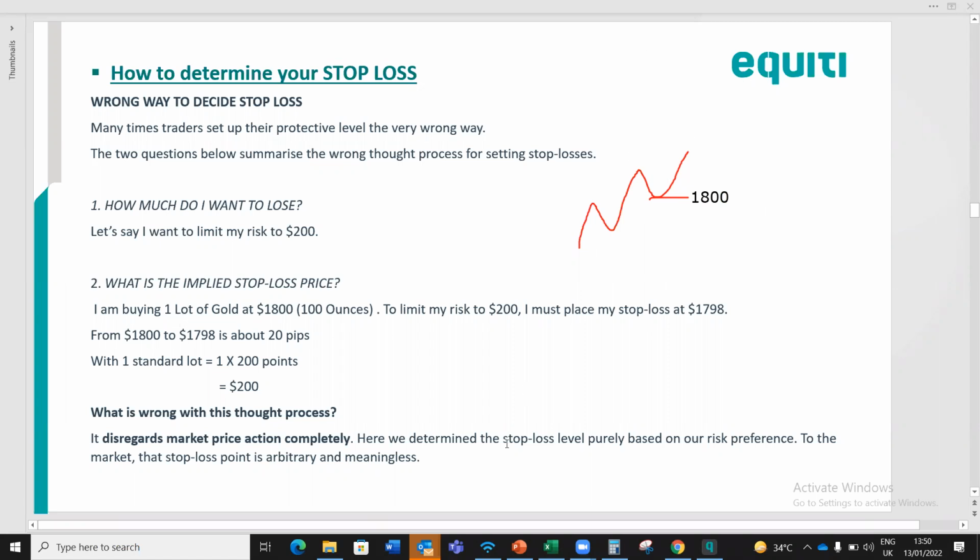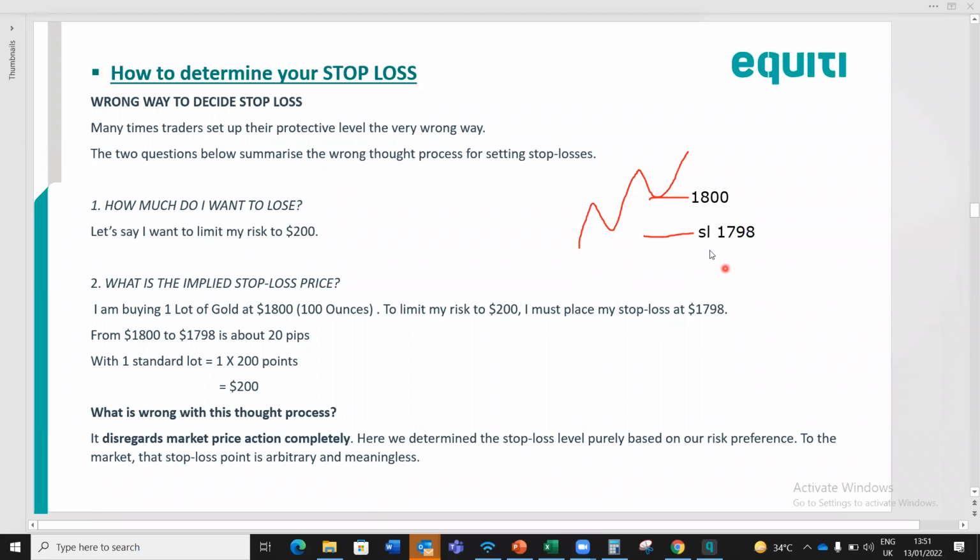Now, if you want to risk only $200, it simply means that your stop loss, SL, is going to be placed at 1798. Now, is this realistic enough?